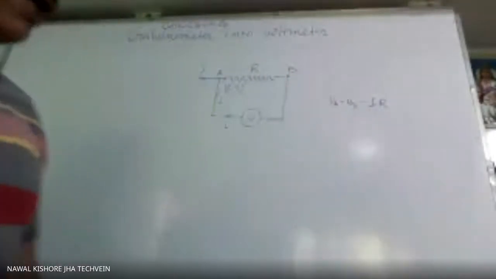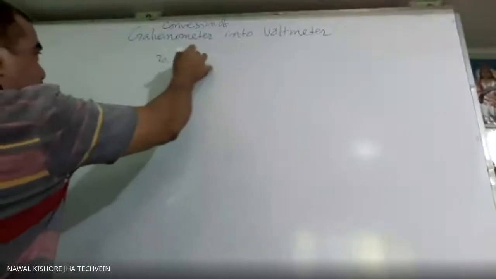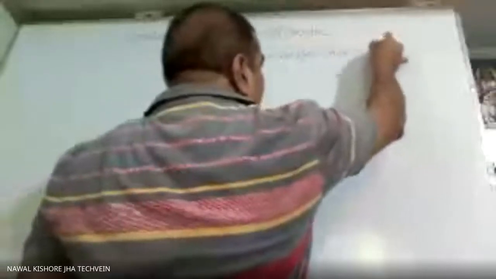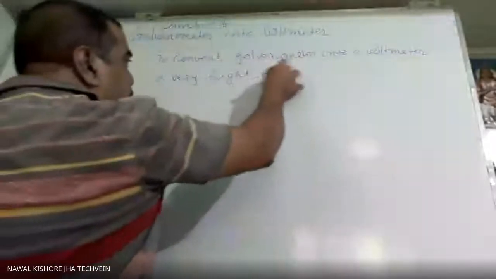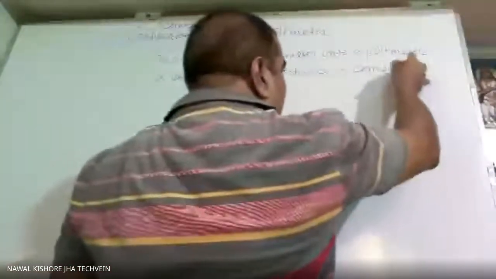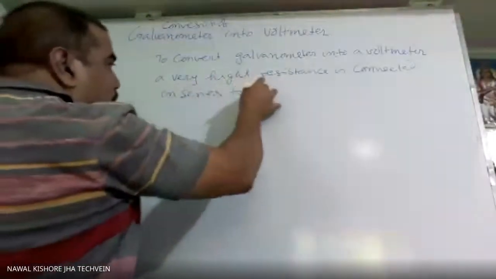So in order to convert galvanometer into voltmeter, a very high resistance is connected in series to the galvanometer.